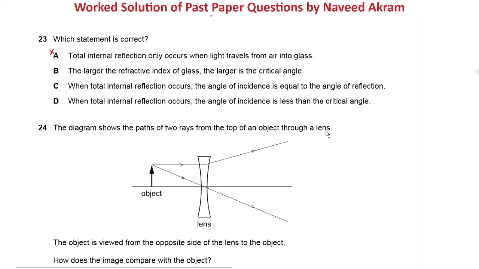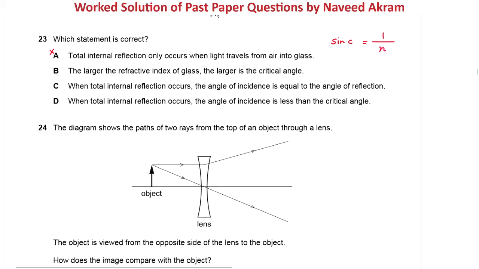Statement B is the larger the refractive index of glass, the larger is the critical angle. Okay, let's check. You must be aware of the formula that sine of C, that is the critical angle, is equal to reciprocal of refractive index.